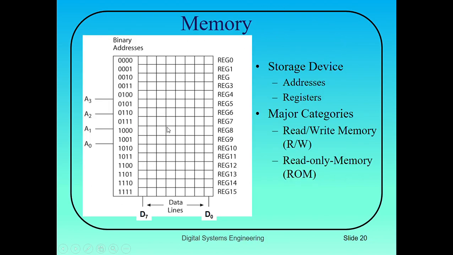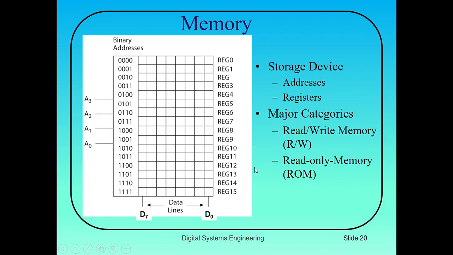So this is the memory. It basically represents a 16-bit system. The memory is basically the storage device. It has unique addresses and registers for storage. Every register has a unique binary address.